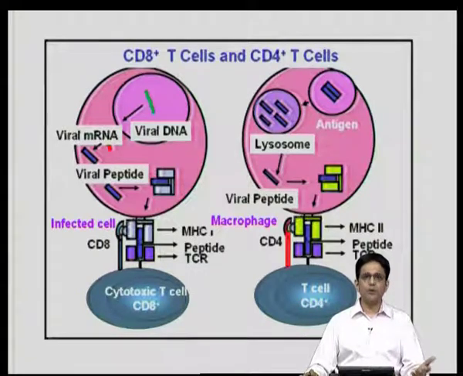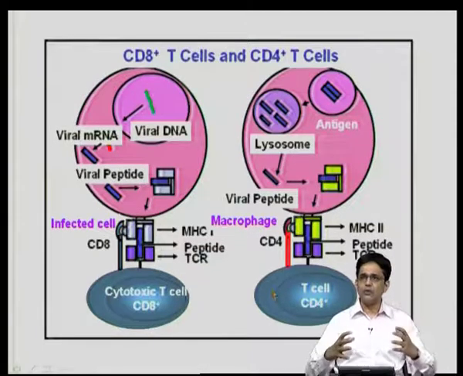What is shown over here are the two paths that are important. You have the CD4 positive cell, which has a TCR that recognizes MHC class 2, and you have a CD8 positive cell that recognizes MHC class 1, and both of these are required.